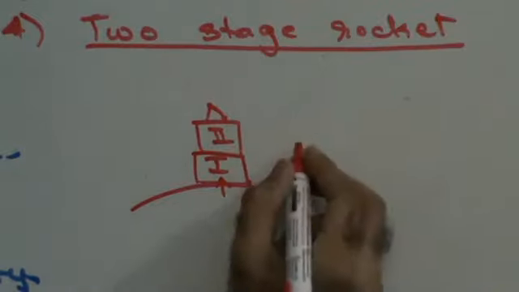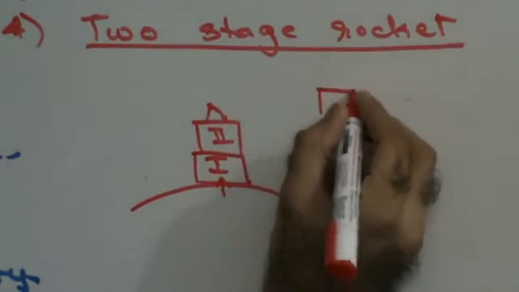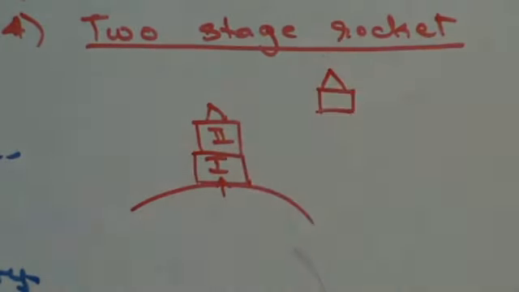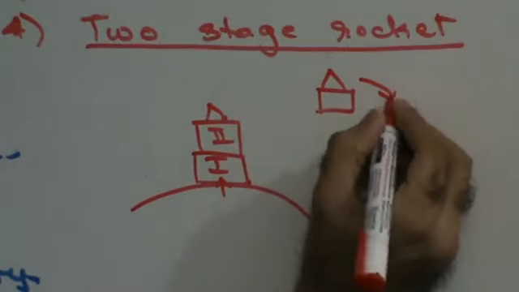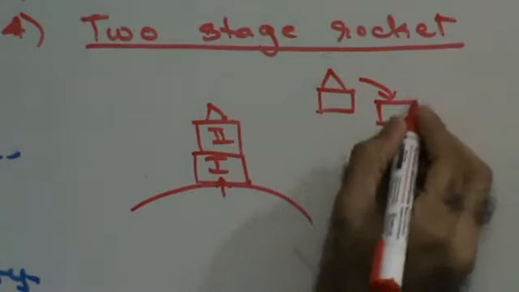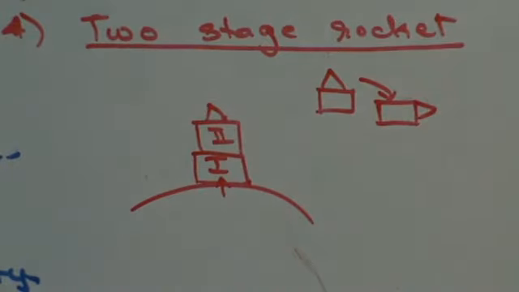Right? Once it has escaped the gravitational field of the earth, the first stage is detached. During that process, the satellite is turned by an angle of 90 degrees. And then the second stage provides it with the necessary velocity so that it keeps revolving around the earth.